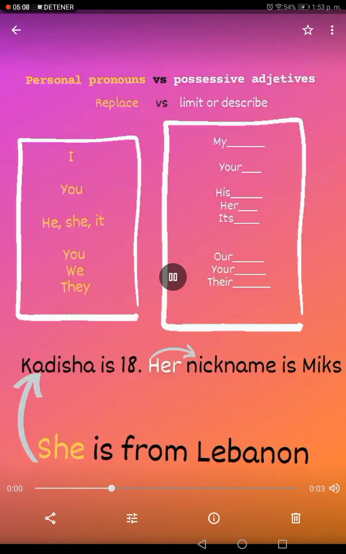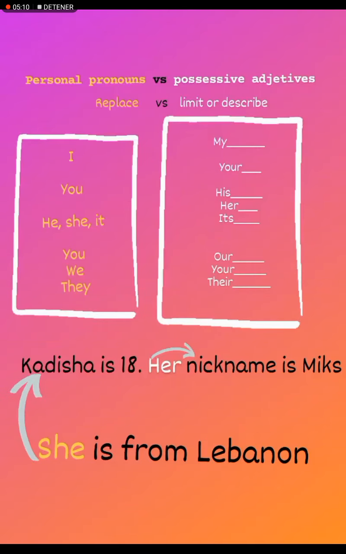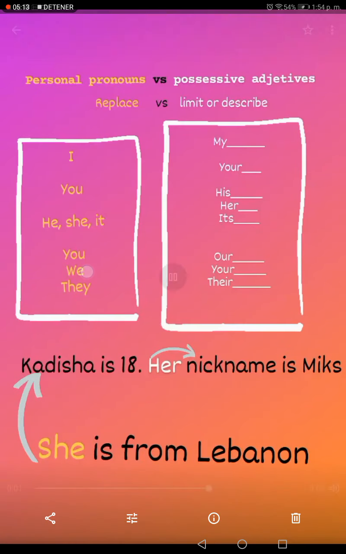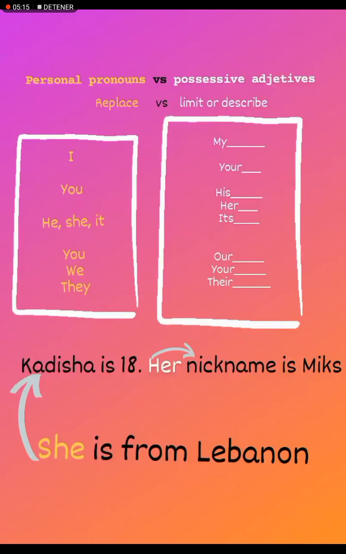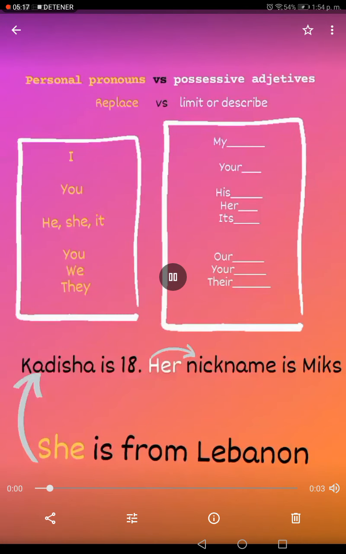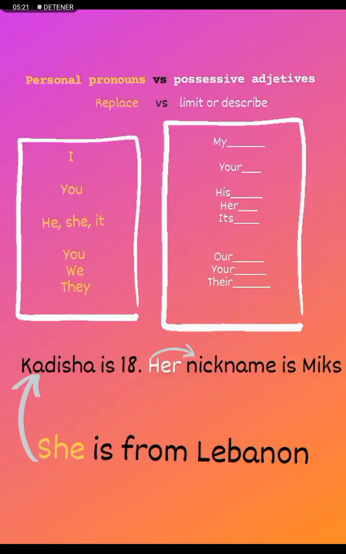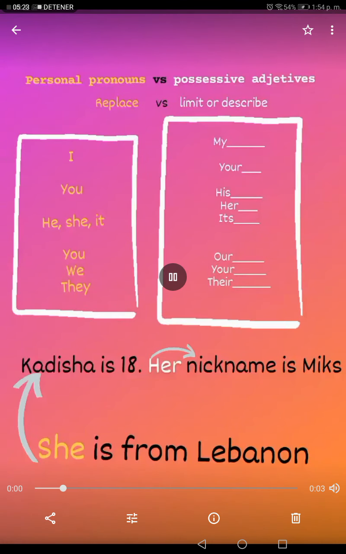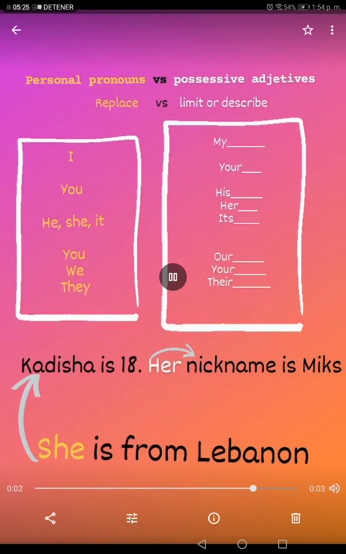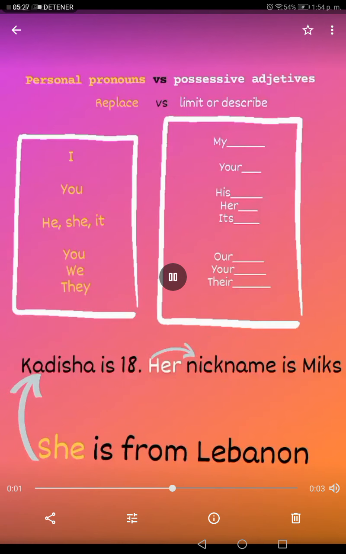You, your, the same. Well, actually it's over here. We, our, nosotros, nuestro, nuestras. They, ellos, ellas. Their, nuestros, perdón, de ellos o suyos.